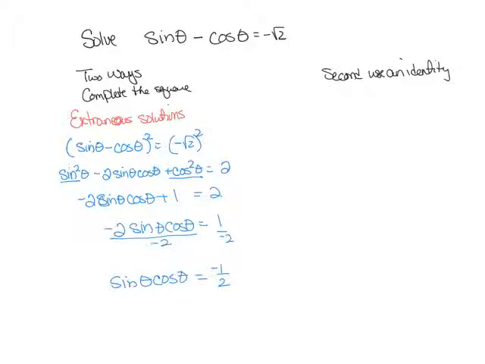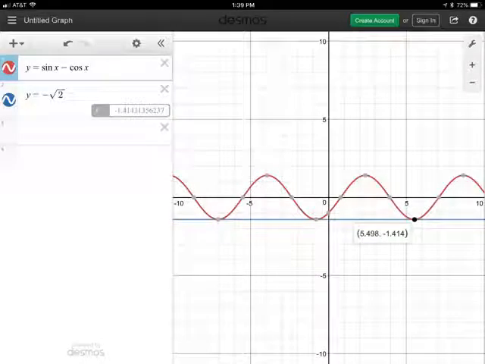Okay? Now we have a product of a sine and a cosine that equals negative 1/2. But if we think about this, we can figure out what theta ought to be. So before we go on, we're going to look at the graph of it.